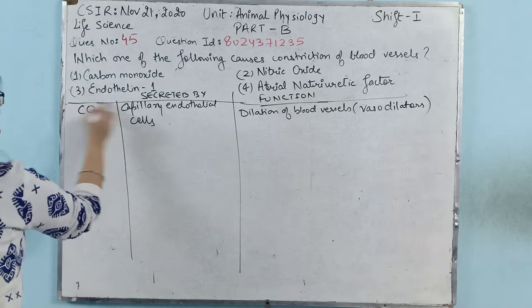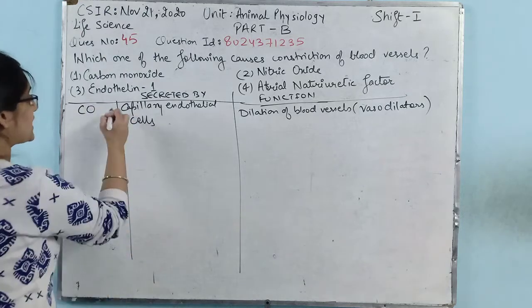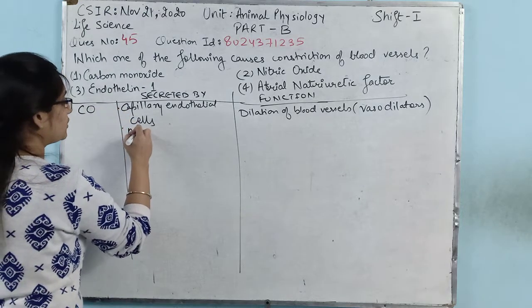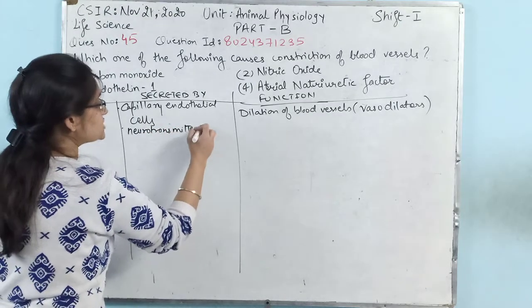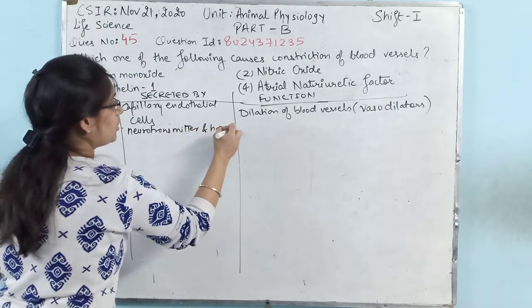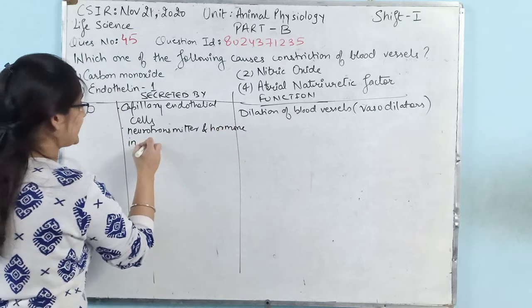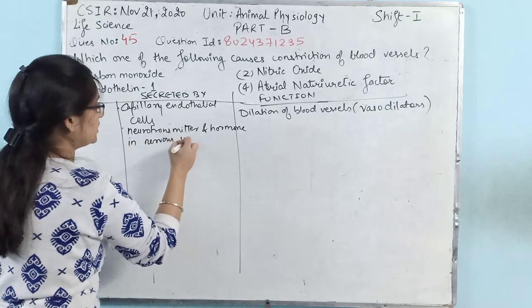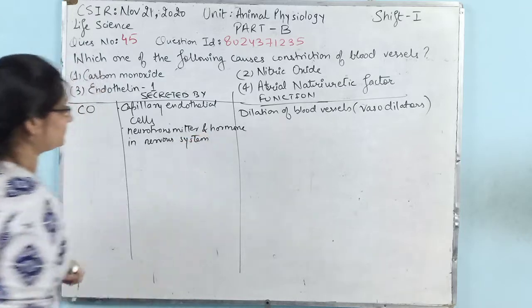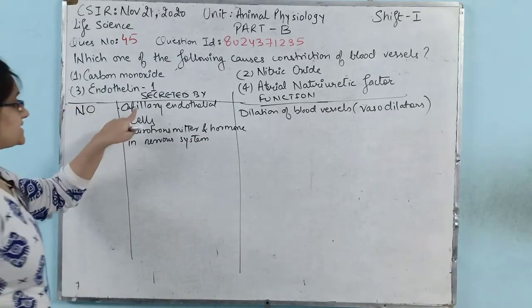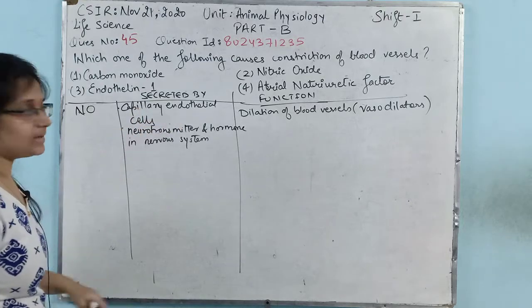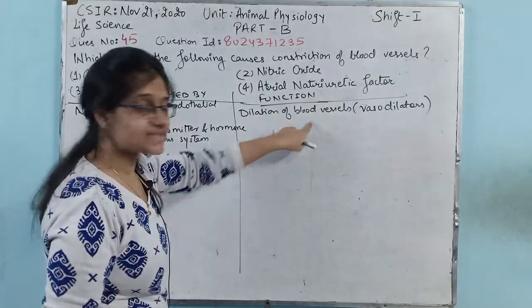The nitric oxide is the one which acts as neurotransmitter as well as hormone in case of nervous system. Right? So this one is of nitric oxide, secreted by capillary endothelial cell and causes dilation of blood vessel.